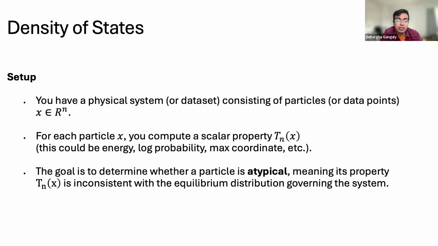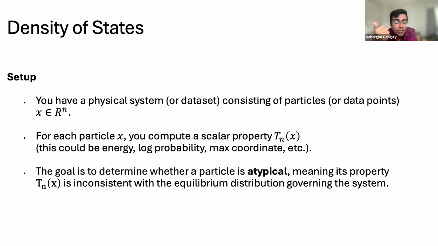Finally, the third theorem we're going to talk about is this concept of density of states. This is used pretty often in statistical physics or a lot of undergrad physics. If you have a physical system consisting of a set of particles, or a data set consisting of a certain number of data points, for each particle x you could compute a scalar property.